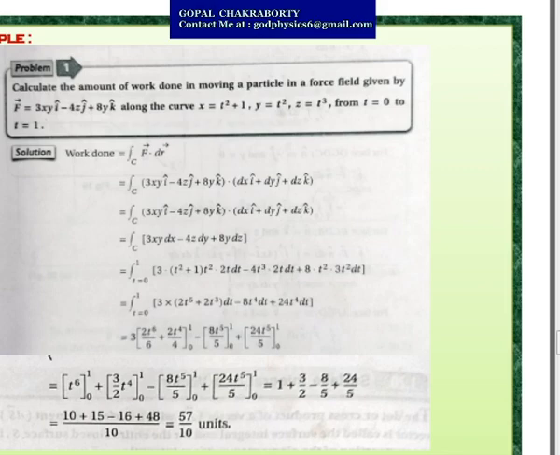We take the integration over dt, with lower limit 0 and upper limit 1. Ultimately, calculating, we get 57 by 10 units. That is our result, the work done. Work done is a scalar quantity, so here we found the dot product F dot dr, which gives us that scalar value, the work done.